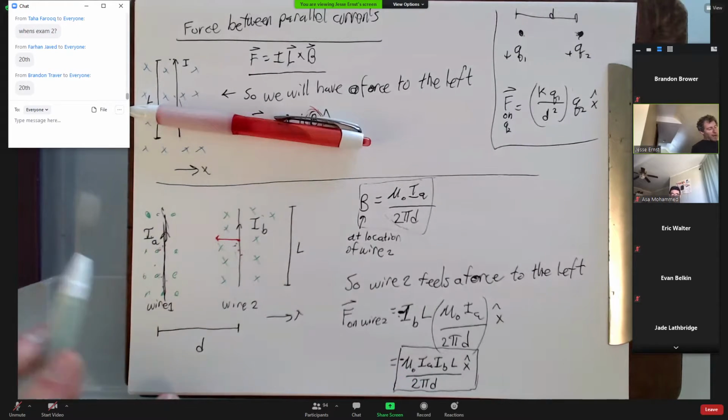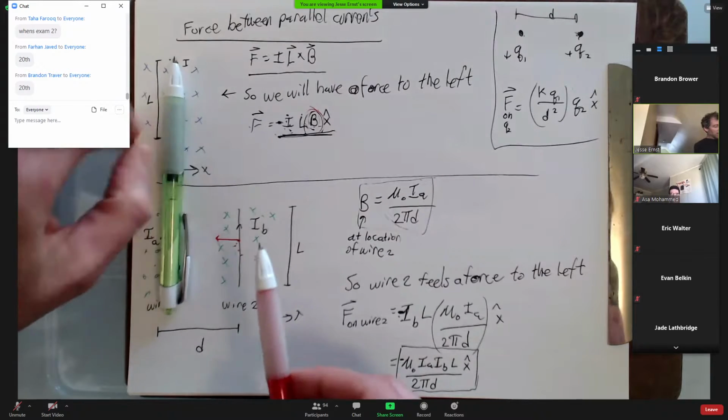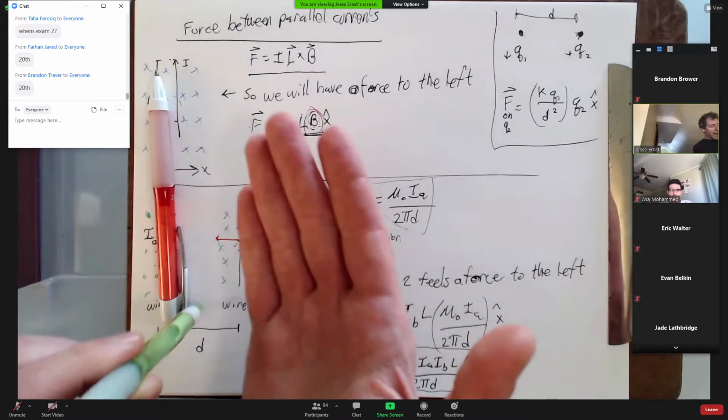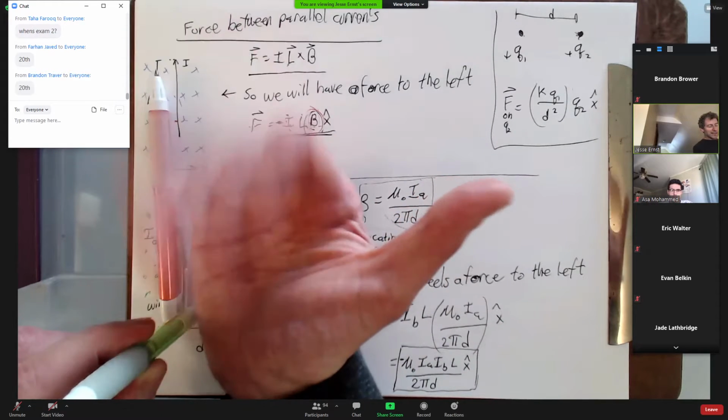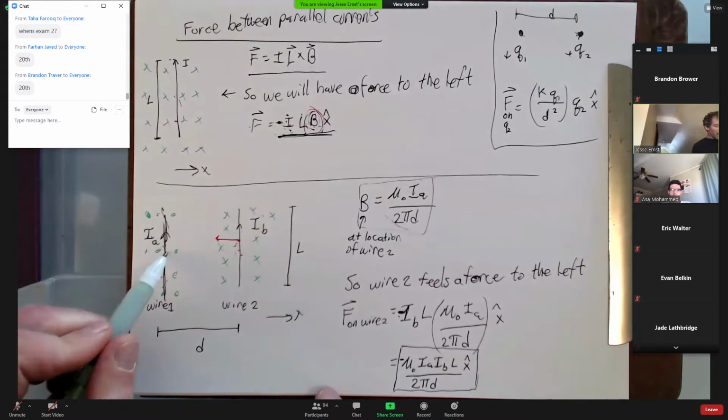So now you have a wire whose current is going this way in a B field that's coming out of the page. When you do L cross B, it's that way. So there will be a force on this wire to the right.